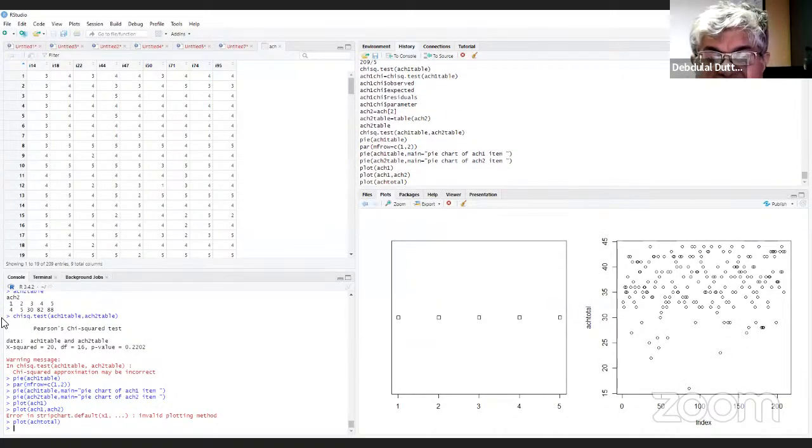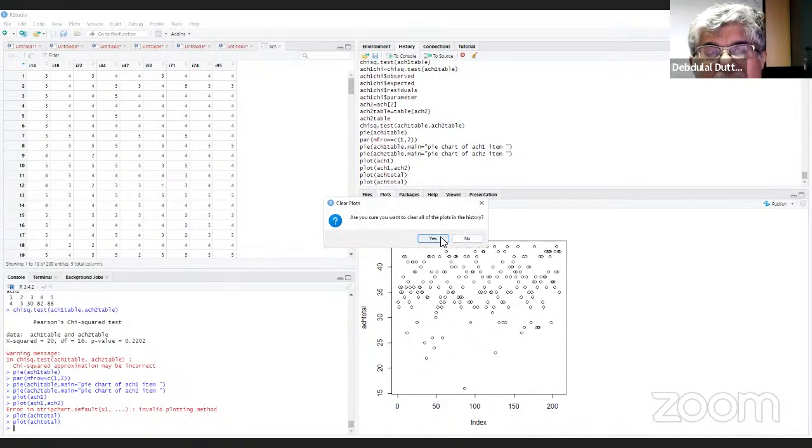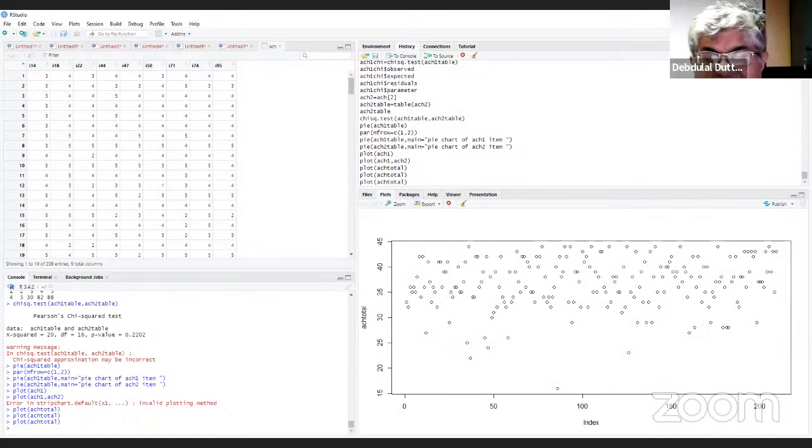Okay, so this is the distribution. Change. I think this is visible to all of you.